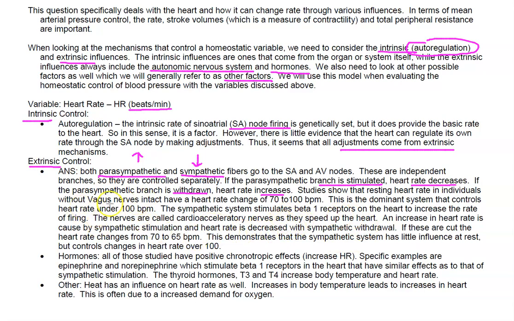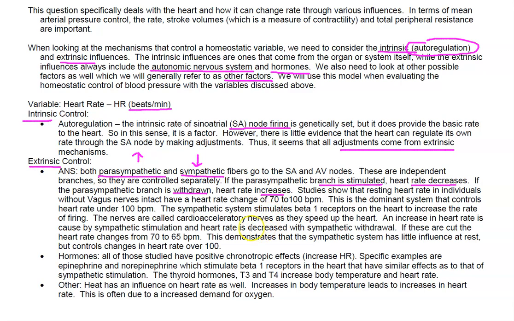Individuals without a vagus nerve, cranial nerve 10, their heart rate will jump without the vagus nerve influence from about 70 to 100 beats per minute at rest, which shows it has a huge influence in terms of how it helps control heart rate.